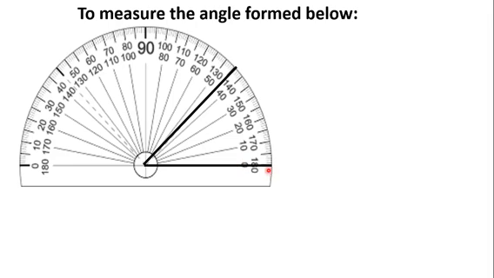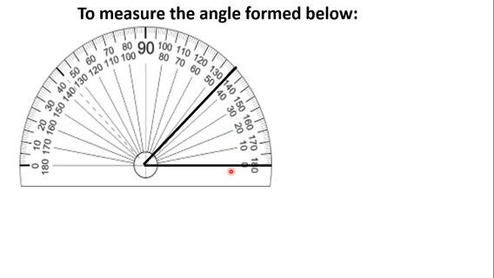But we said you are going to read the scale where it is on 0. You will not start reading from 180. It means that we cannot read the outer scale in this example. We have to read the inner scale, because one of the two lines that form the angle is on 0 in the inner scale. So we are reading from the right hand towards the left, or in the anti-clockwise direction.